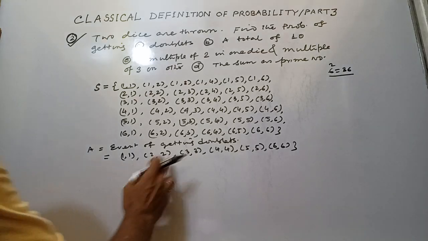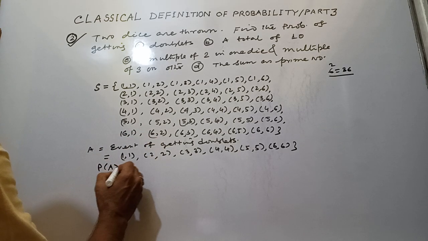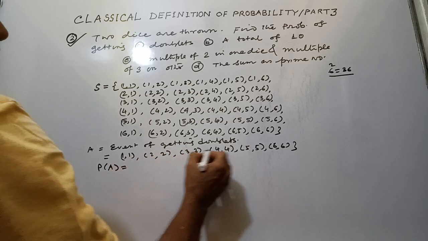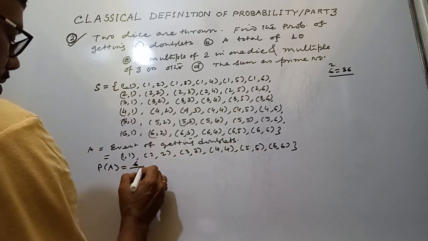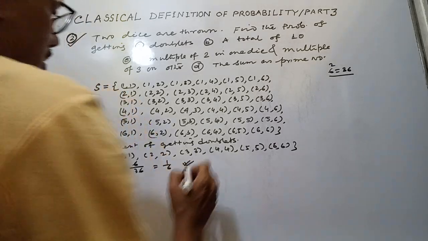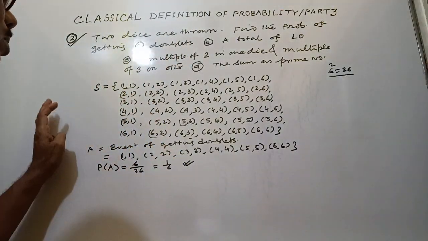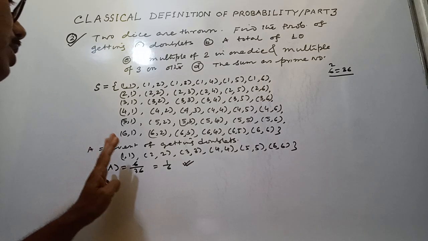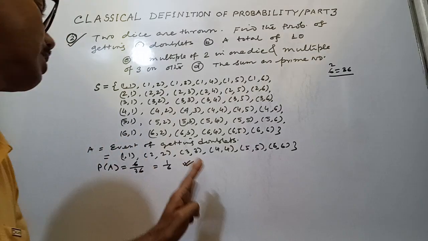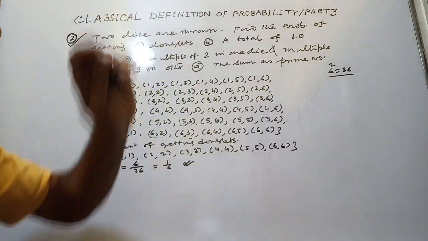So what is P(A)? 1, 2, 3, 4, 5, 6 favorable cases by total number of cases: 1 by 6. Mind it, in solving problems you have to write the event, that is doublets.